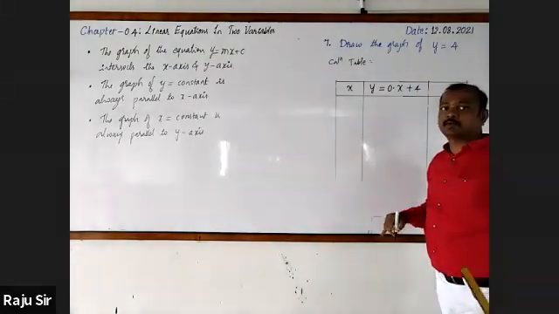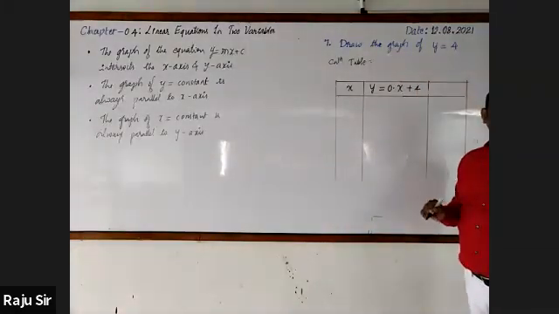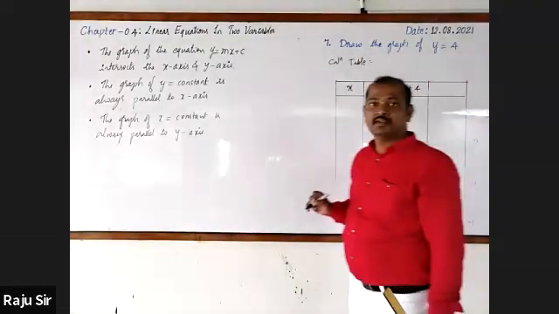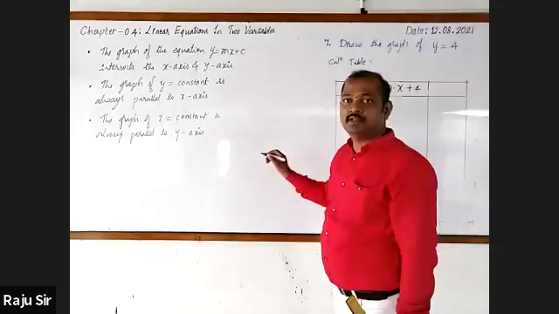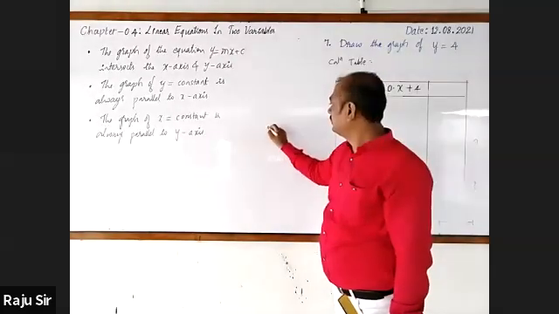Then you can ask me a question: sir, you have put a dot. It indicates multiplication. Instead of the multiplication sign, we are putting a dot.